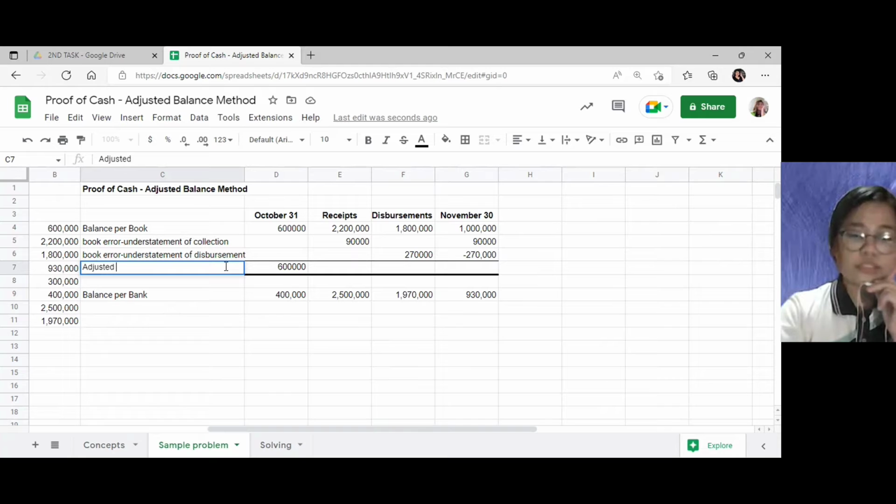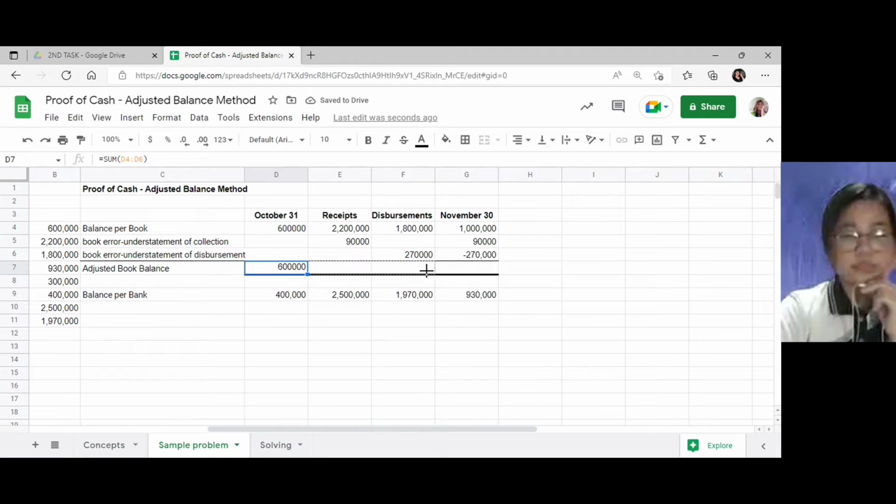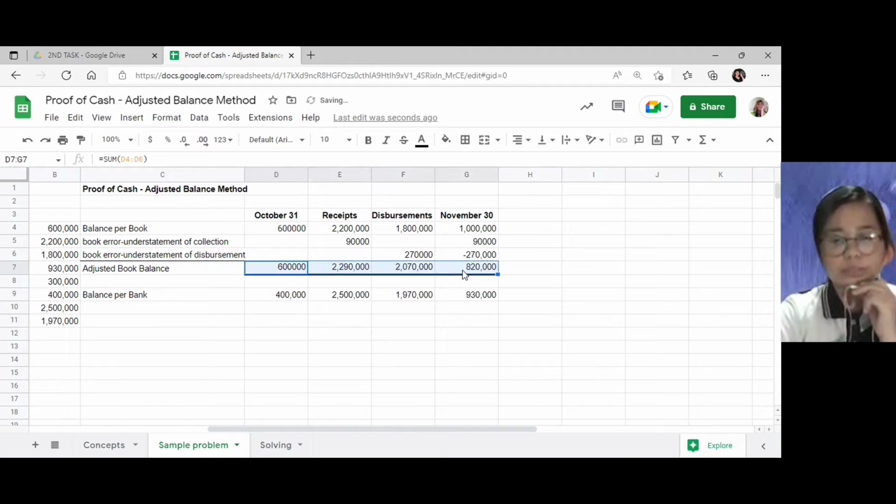So let's get our adjusted book balance. You have here our October 31 balance. Since we have no reconciling items, the total adjusted book balance is 600,000. For your receipts, you simply add 2,200,000 plus the 90,000, in a total amount of 2,290,000.